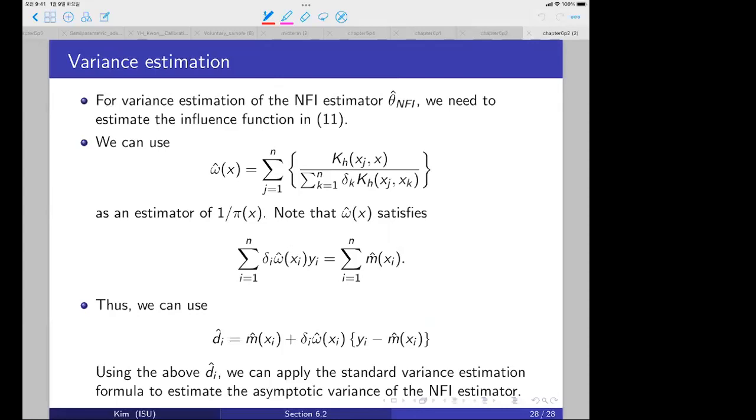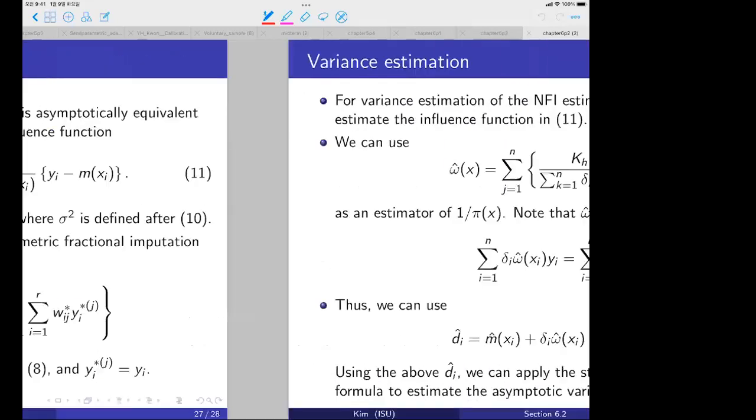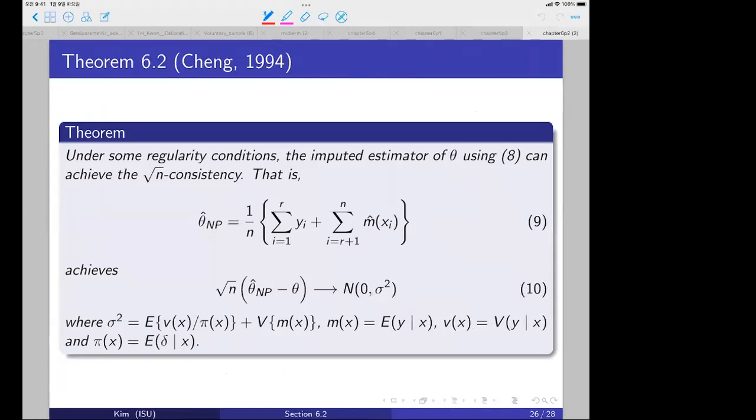The theory behind all this requires some additional techniques, but I'm not going to talk about that. But another interesting part of this paper is that usually for nonparametric regression, the convergence rate is slow.